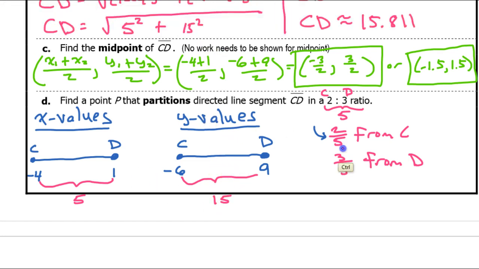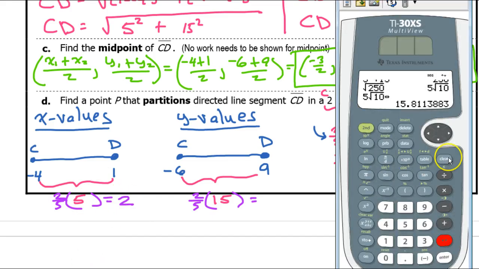So when I say that I want to go 2/5 of the way, that means I need to go 2/5 of 5 in this case, and I need to go 2/5 of 15 in this case. Now when I look at this, I think to myself, the 5s cancel each other out. That's just going to leave 2.